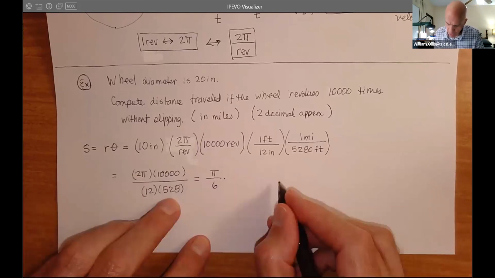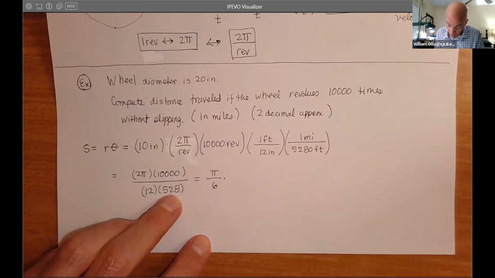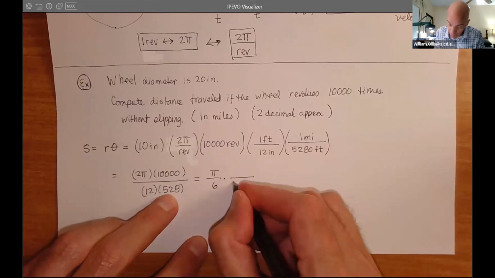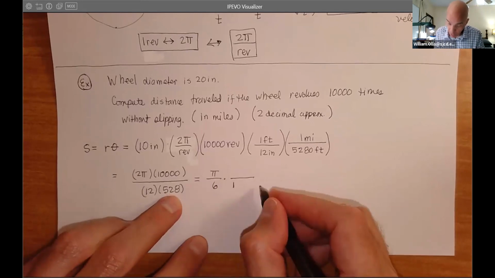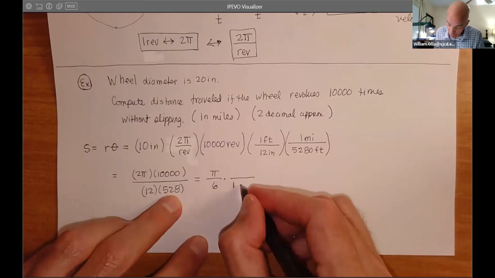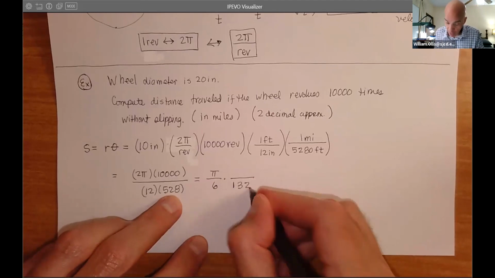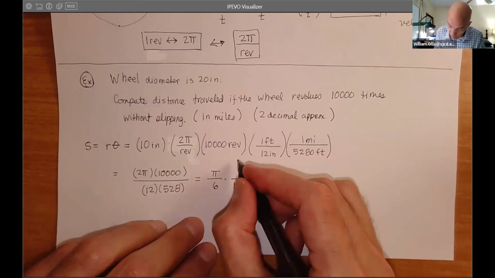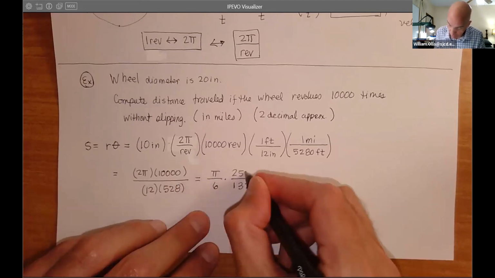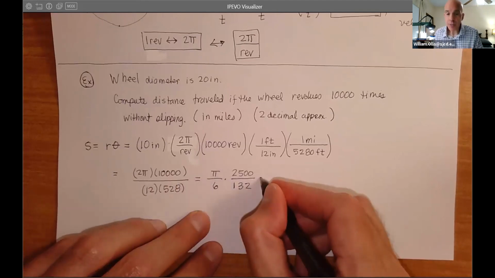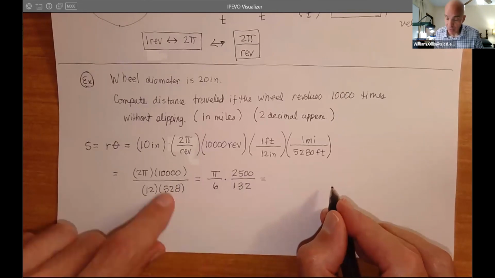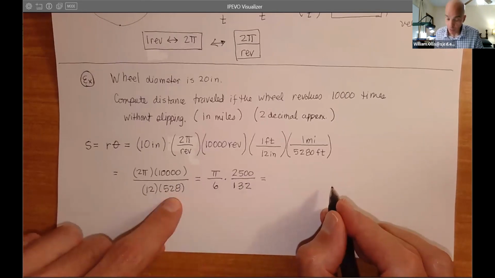And then here we've got a 4 in this, so that would be a 1, and then a 12, a 132, and then 10,000 divided by 4 gives us 2,500.